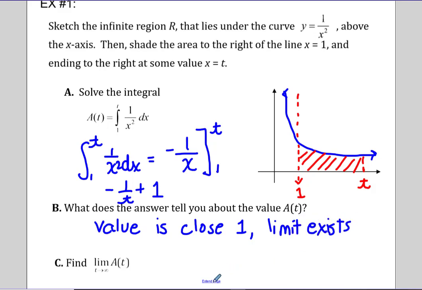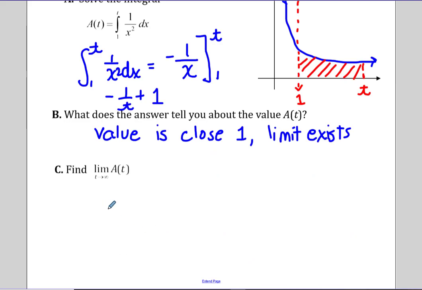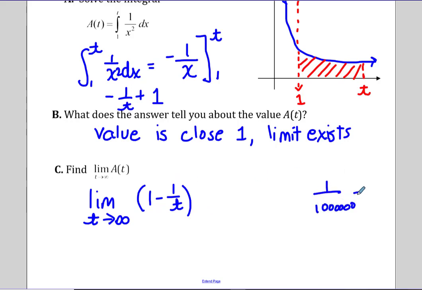If we evaluate the limit as t moves further and further to the right, then we have 1 minus 1 over t, and we know that 1 divided by some extremely large number heads to 0, so the limit is 1, and we would say that this is a convergent limit.